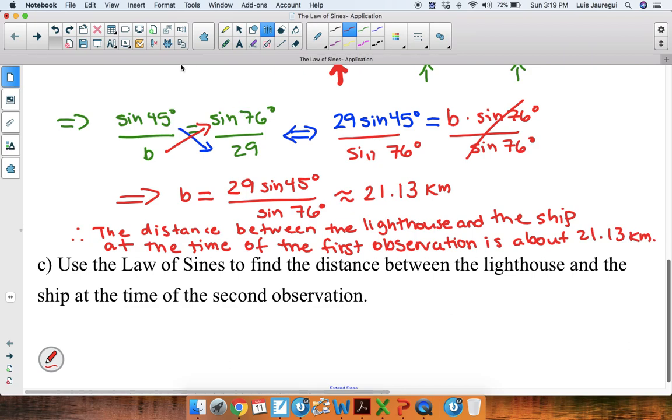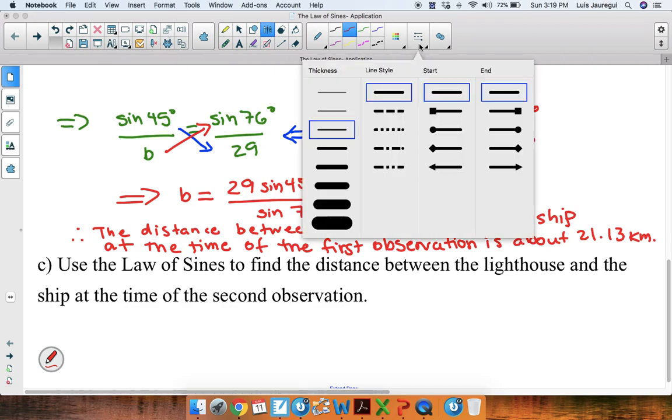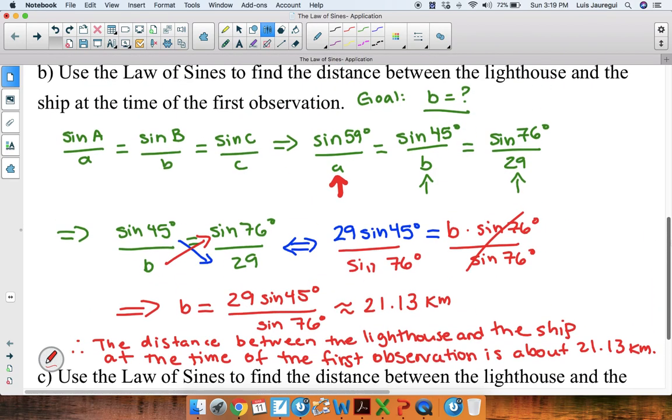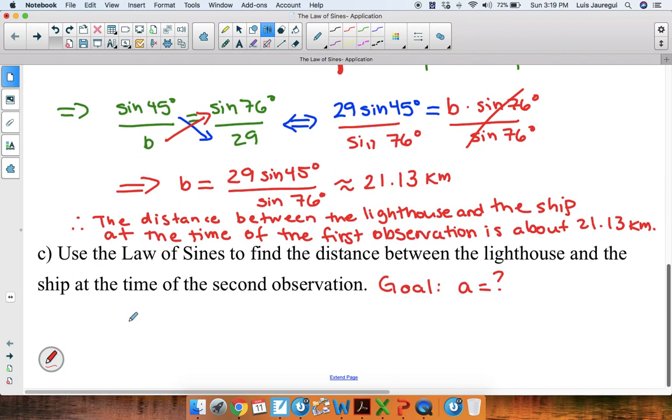So for part C, our goal is to figure out the value for a. So we can say, based on this given information, we have sine of 59 degrees over a is equal to sine of 76 degrees over 29.